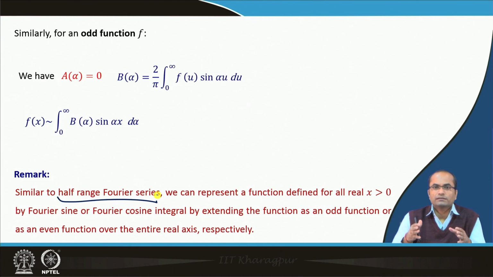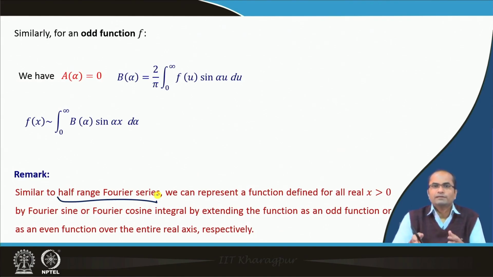If we make the entire function defined in minus L to L an odd function, then we will end up with the sine series, and if we extend the function so that it becomes an even function, then we will end up with the Fourier cosine series.